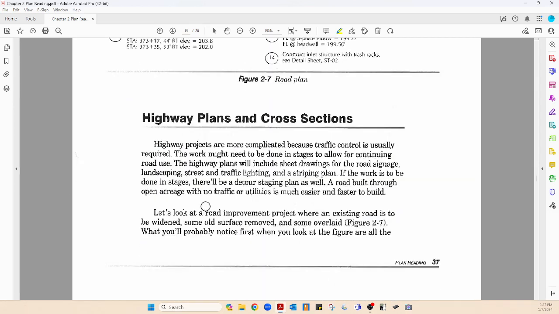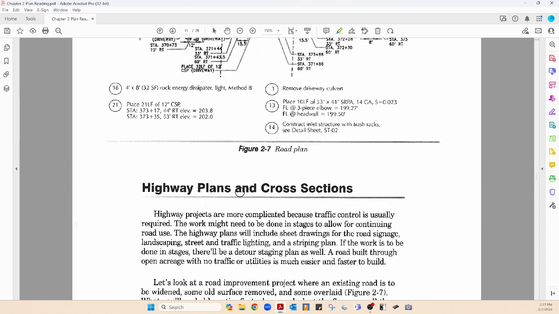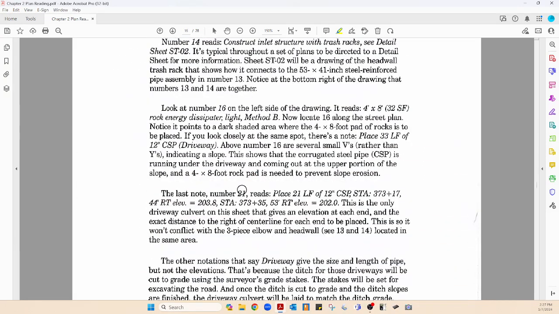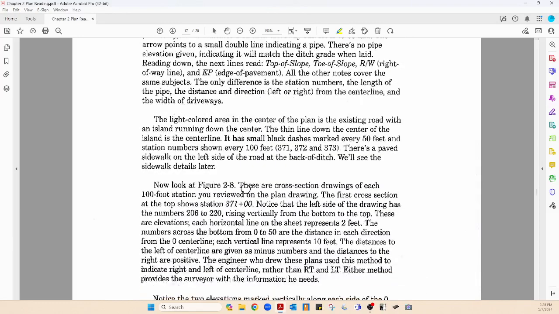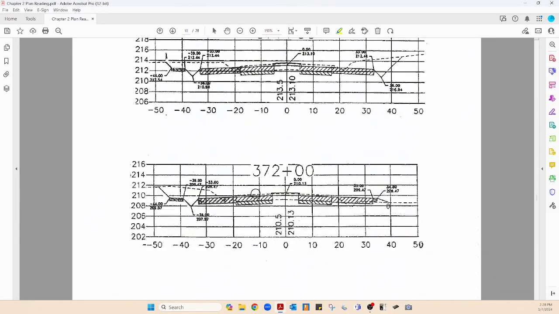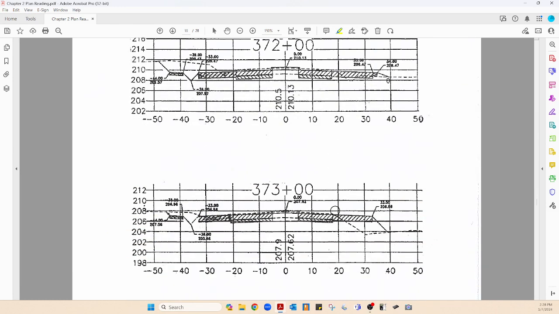This is going to be talking about some wild cross sections, I believe. Let's see if I can find you. You're going to get into these templates. This won't give you any problem because you've gone through it.